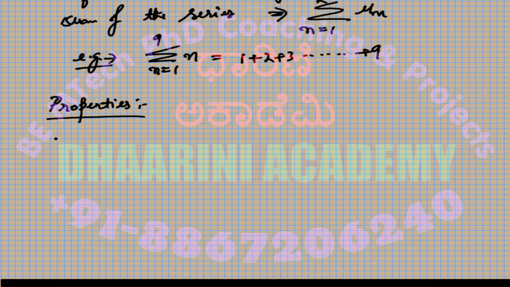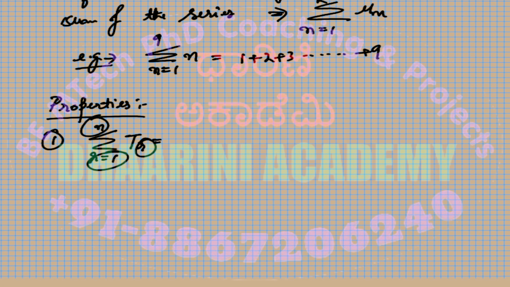Okay, the first property is simply the expansion. Summation r is equal to 1 till n of Tr should be equal to, r has to be replaced with 1 till n values, like t1 plus t2 plus t3 plus t4 plus t5 and so on, right?